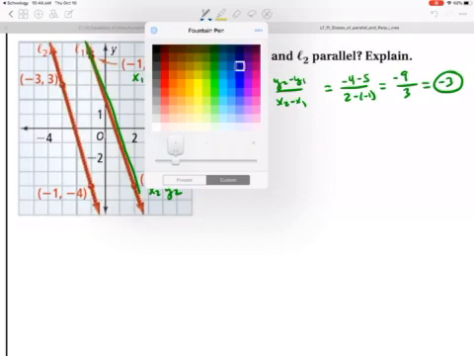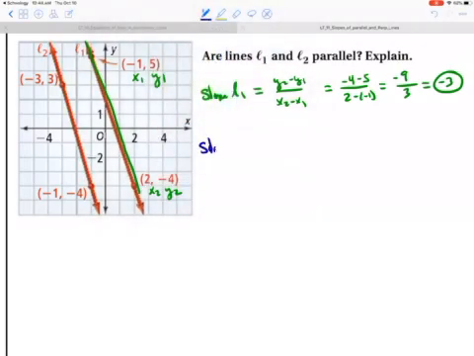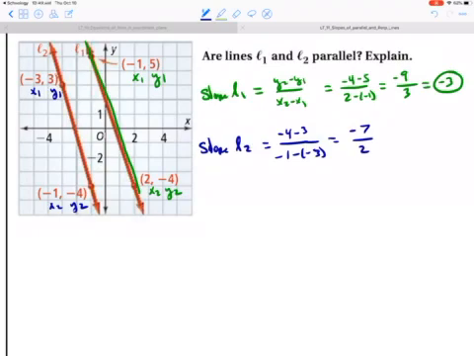Then I'm going to find the slope of the other line, L2, and I'm going to use x1, y1, x2, y2, and find the slope here, y2 minus y1, which is -4 minus 3 over -1 minus -3. So this is going to be -7 over, this is -1 plus 3, which is 2. So I get -7/2.